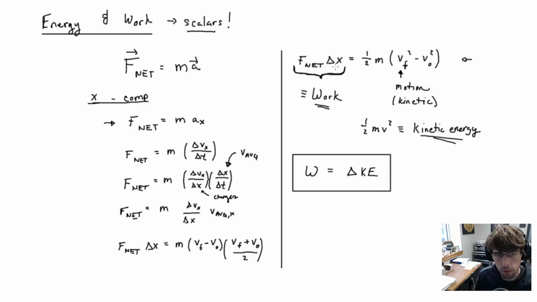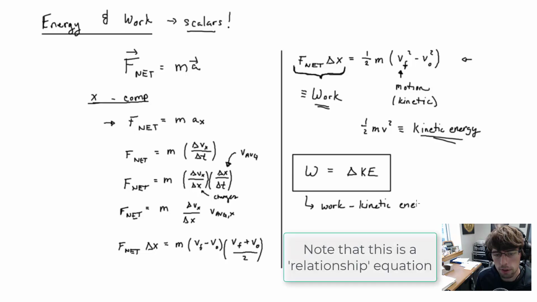Now notice, first of all, work is a scalar, it's just a number, and kinetic energy is just a number. And sometimes this is referred to as the work kinetic energy theorem. So sometimes you'll see it referred to as the work kinetic energy theorem.